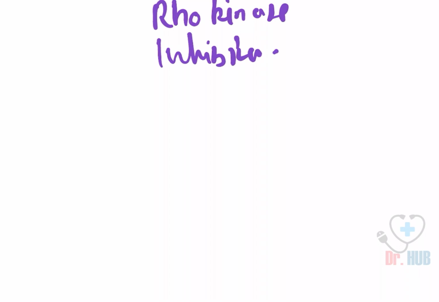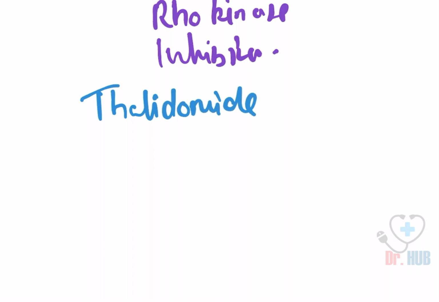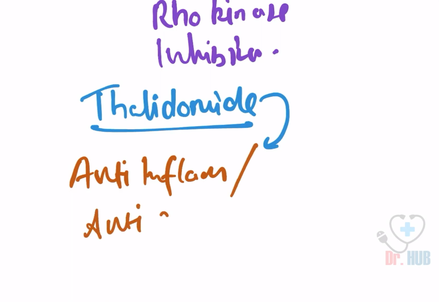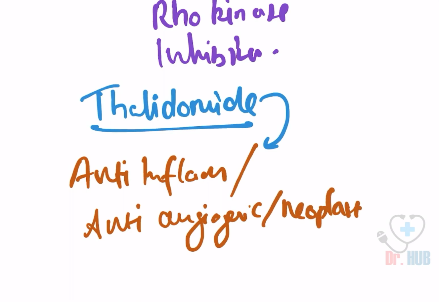Lastly, we look at the thalidomide. So this thalidomide, it is anti-inflammatory as well as anti-angiogenic as well as antineoplastic and an immunosuppressant.